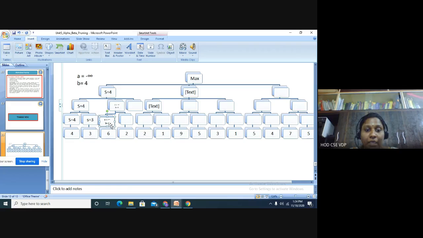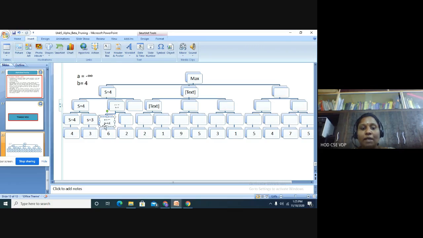So when I say min is played here, now what should I do? Should I change the value of beta to be equal to 4 comma 6? So what is the value of beta for this node? 4. Okay, so the value is 4 only. But what would be the node value here? The S value.